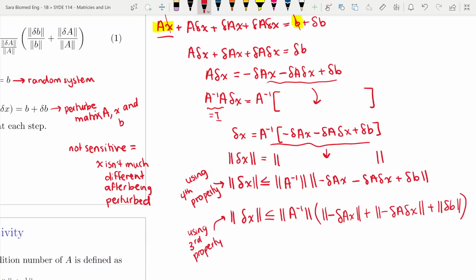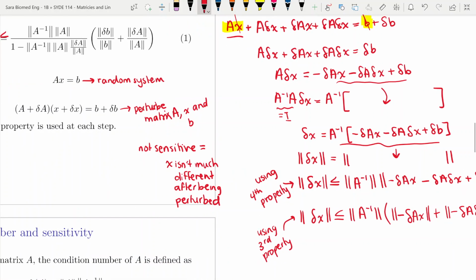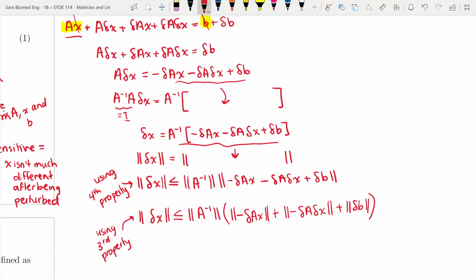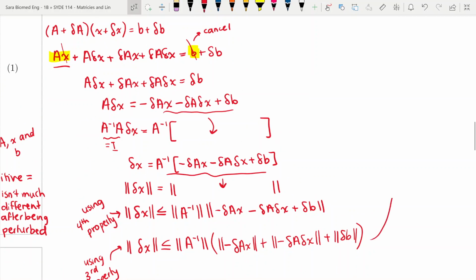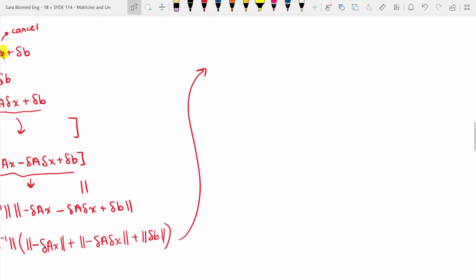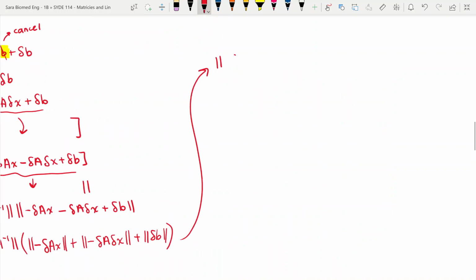Okay, now we still have this problem where we have this negative sign. But remember, we can use property number 2, where if you have a scalar multiplied by some matrix, you can take the absolute value of that scalar and then multiply that with the norm of the matrix, which is property number 2. So from here, everything will be the same, except we're going to directly take out the negative sign, because the negative sign means negative 1 multiplied by the matrix, right?